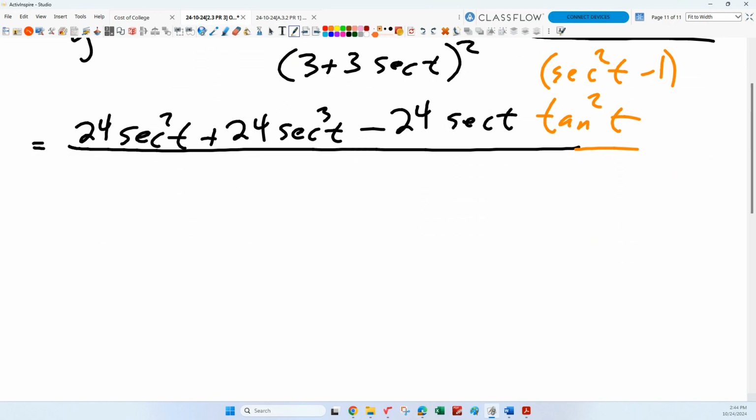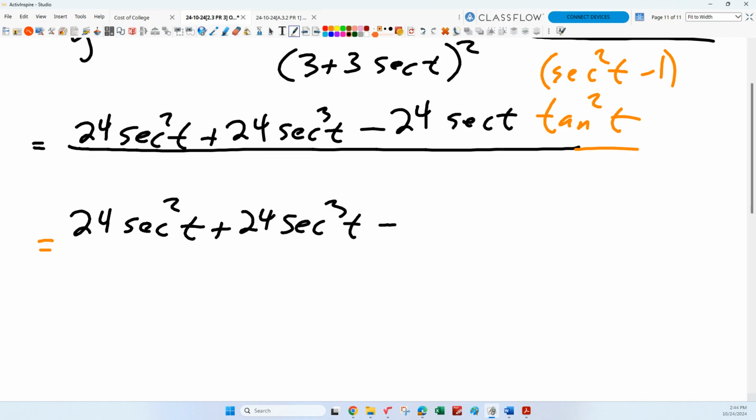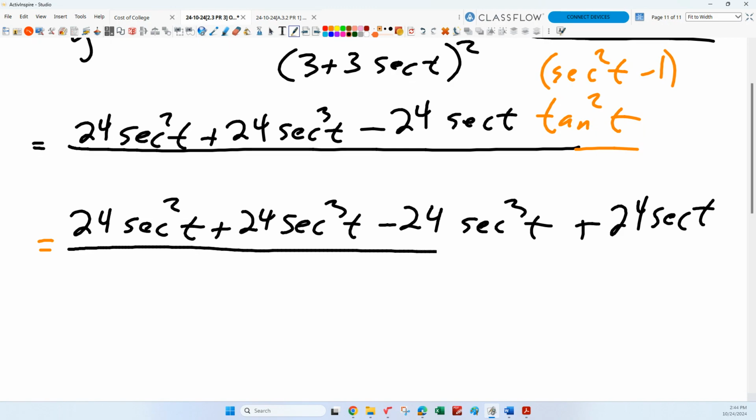So the numerator then becomes... Everybody agree? Did I do that right? On the top? Double check me, is that right?